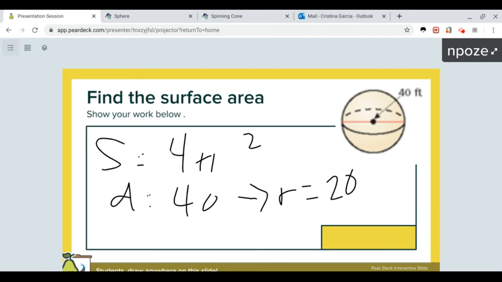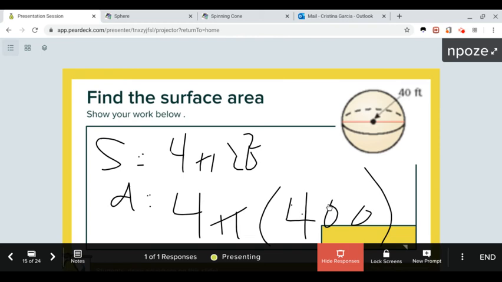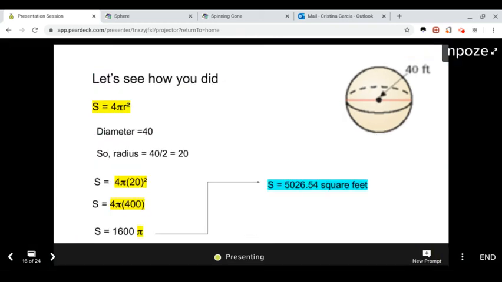So in this case, it's going to be 20 squared. And then obviously it would be 4 pi times 400. So that would be 1600 pi.